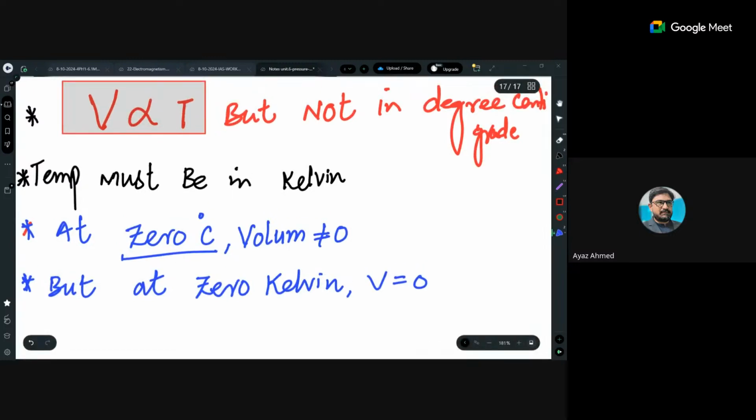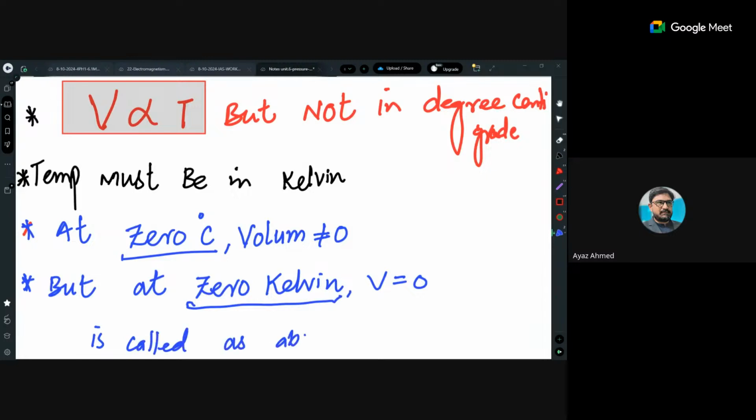Khadija, are you in the class? Yes, sir. So that 0 Kelvin is called absolute zero, right? What do we call it? It is your absolute zero. It is also named as absolute temperature, right? What else do we call it? It is absolute temperature.